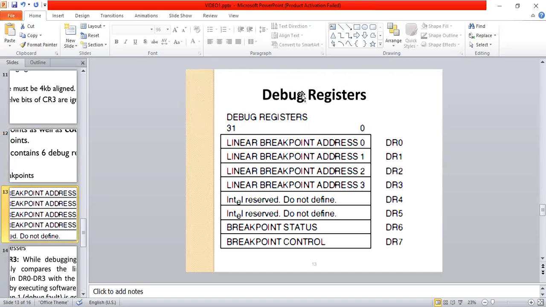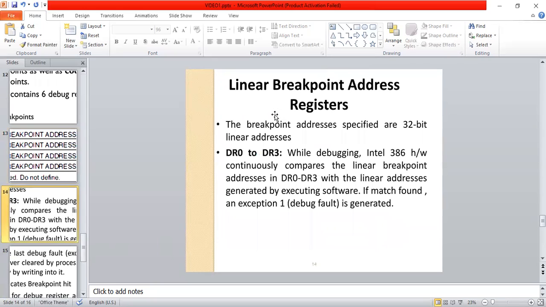DR0 contains linear breakpoint address 0, DR1 linear breakpoint address 1, DR2 linear breakpoint address 2, and DR3 linear breakpoint address 3. Intel reserves DR4 and DR5 and does not define anything for them, whereas DR6 shows the breakpoint status and DR7 the breakpoint control, as shown in the figure.